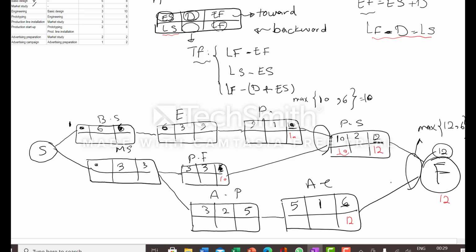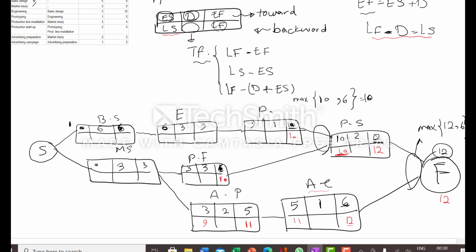And for the activity of advertising campaign, we subtract 1 month from 12 to calculate the latest start, so it's 11, and we use 11 for the latest finish of the previous activity, advertising preparation. 11 minus 2 is 9, and here we put 10.